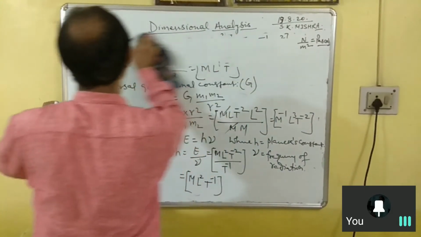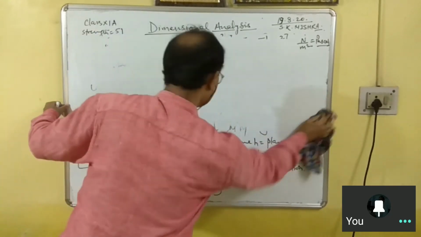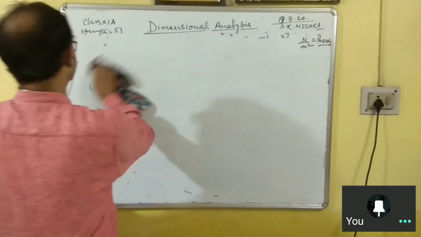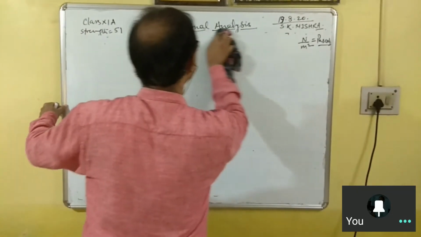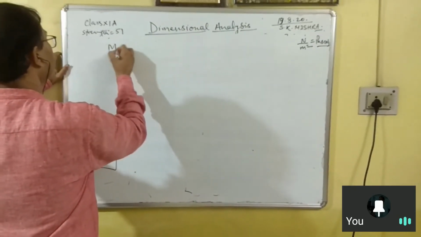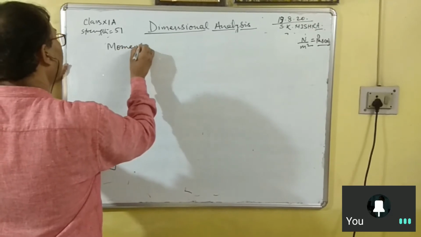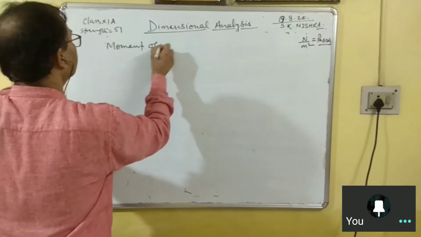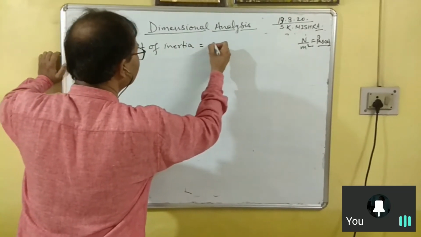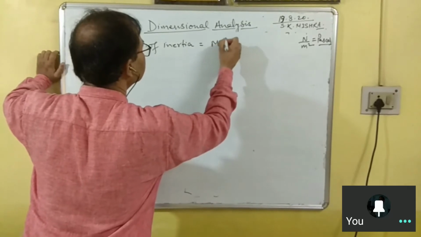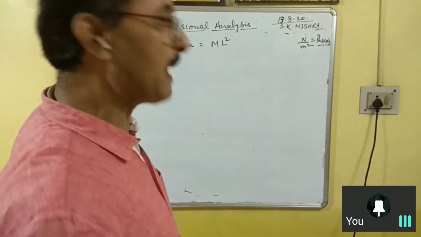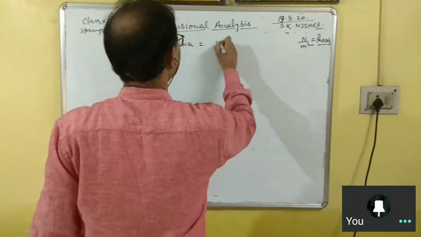Now some more physical quantities I would like to mention here: moment of inertia. Remember, this is M L^2. The moment of inertia is m r squared, mass into the square of the perpendicular distance.